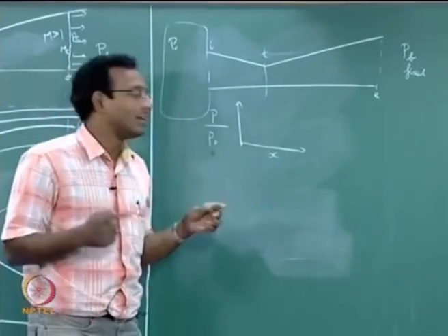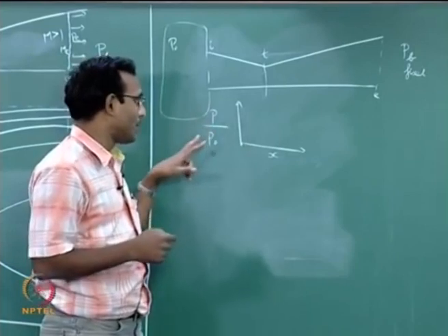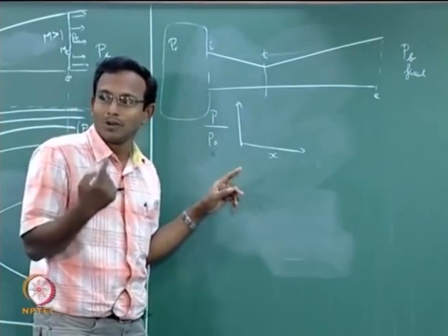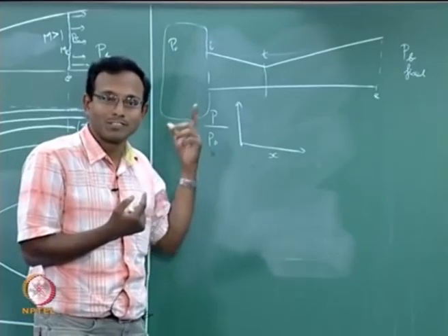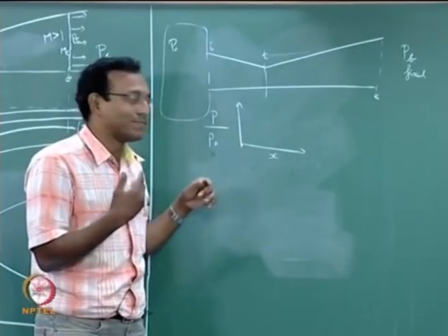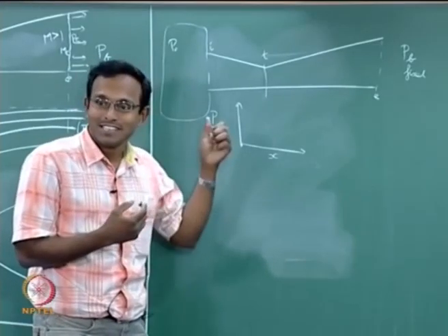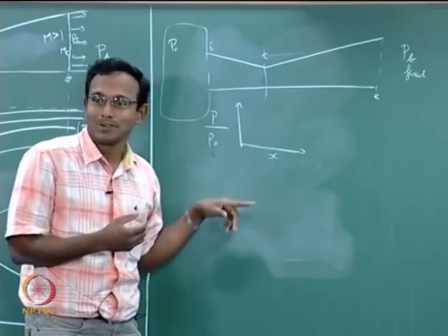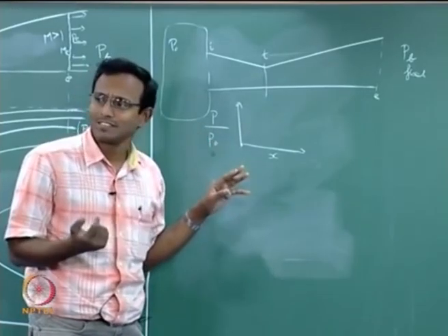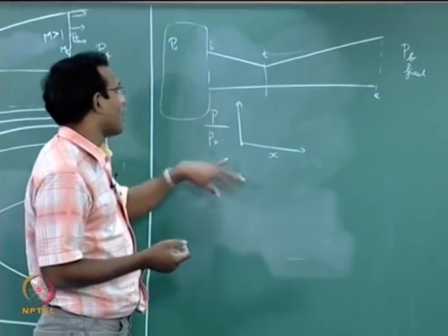So, most of the books will tell you this P by P naught plot as a function of x, and they will just talk about one particular case, which is keeping P naught constant and decreasing Pb. Okay. And this gives the wrong impression that if I keep on changing back pressure only, I will have my Mach number go downstream, okay, my shock go downstream. That need not be the case. Okay. I can even have the opposite problem.